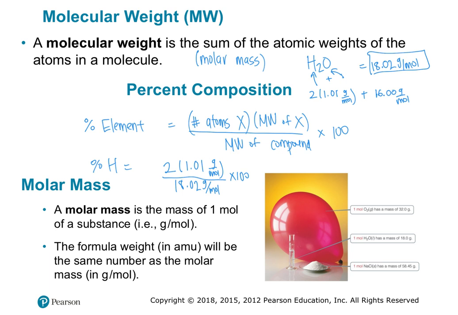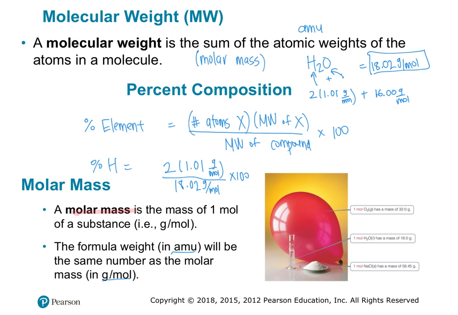Molar mass and molecular weight are synonymous. Oftentimes molecular weight is in a unit called AMUs, or atomic mass units. But just know that AMU and molar mass, those units are synonymous and they can be interchanged.